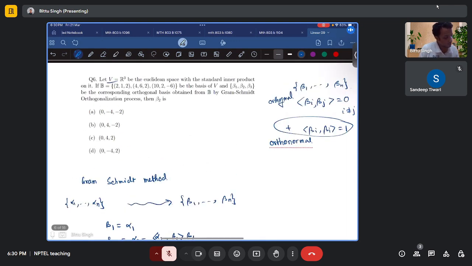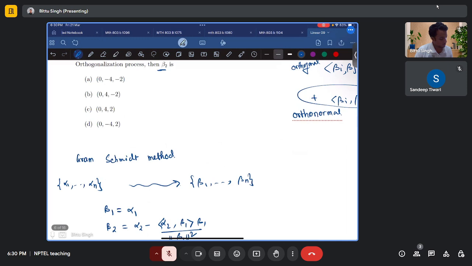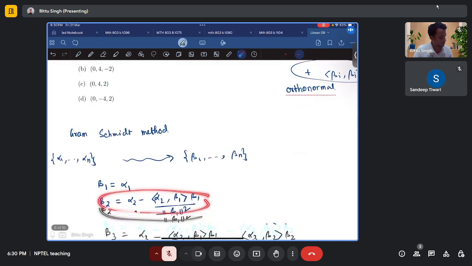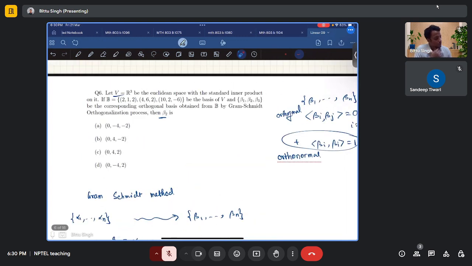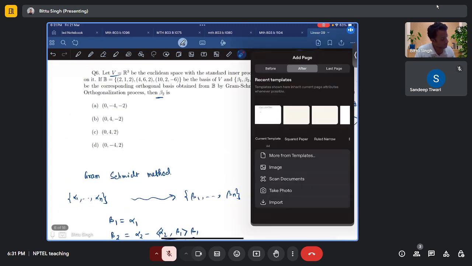Here it is 3-dimensional. Now we need to find beta 2 and beta 3. Again, just copy this page.